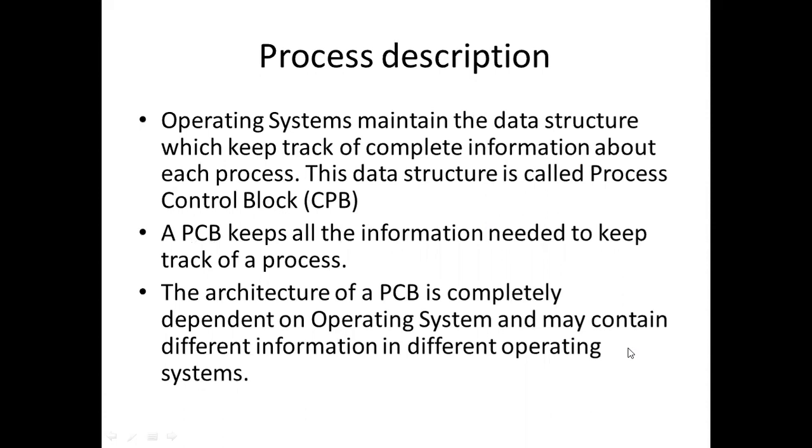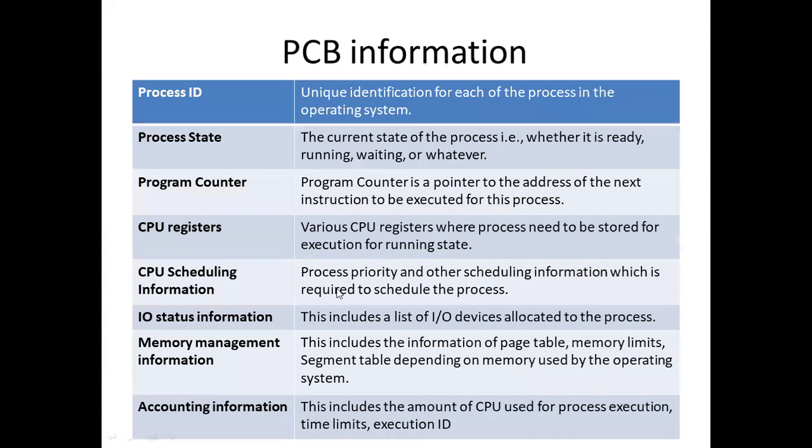Each operating system decides which kind of information it keeps on that particular process. So you may find that one operating system keeps different information from another. The information kept in the process control block includes the process state, the program counter, the CPU registers, the CPU scheduler, input and output status information, memory management, and accounting information.